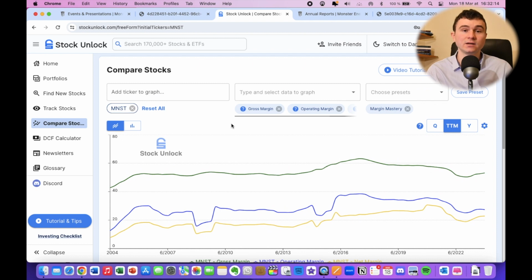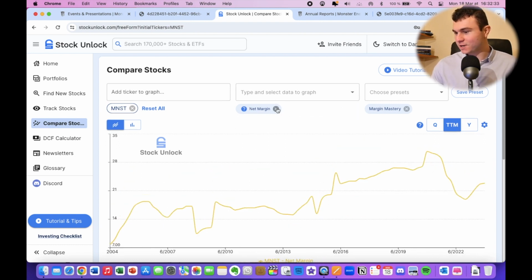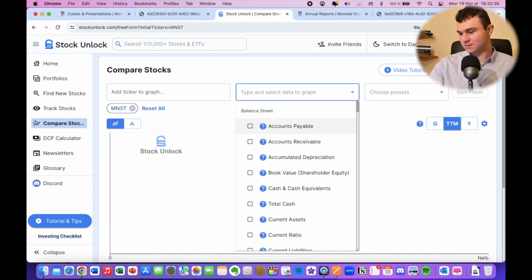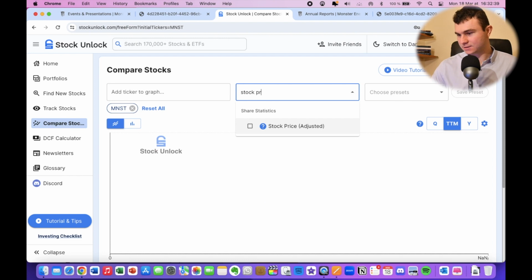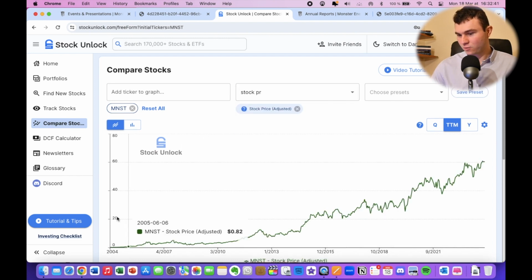And investing, sometimes you only need one investment. If you find one Monster Beverage, and if you had invested in Monster Beverage in 2000, well, you would have outperformed almost everybody. Let's see the stock price here, over 20 years.